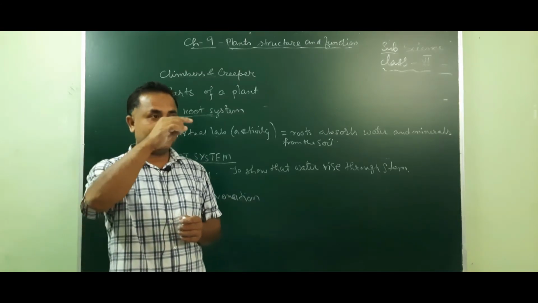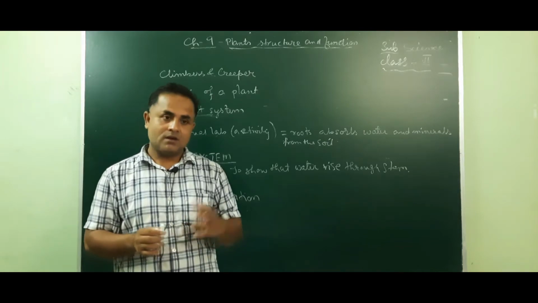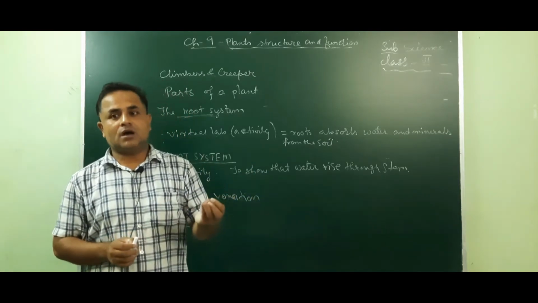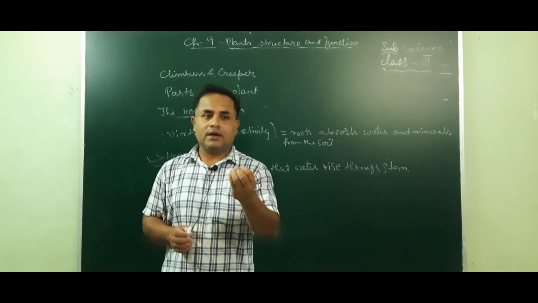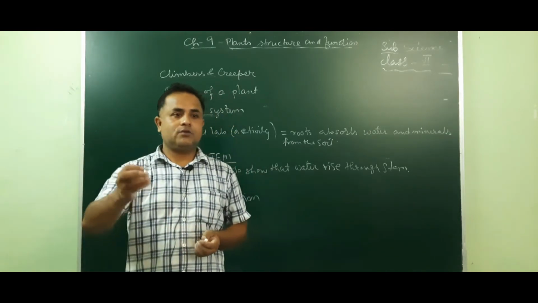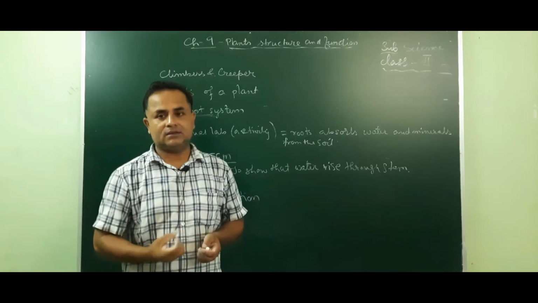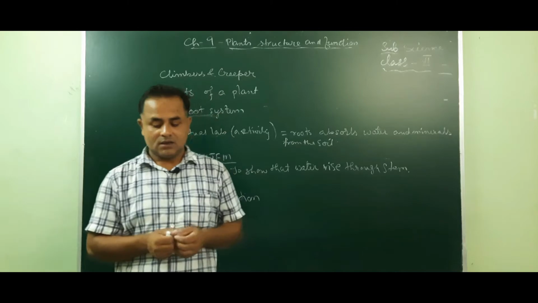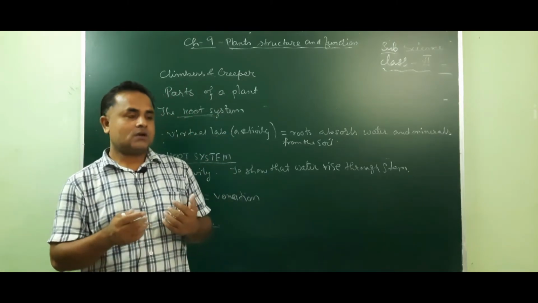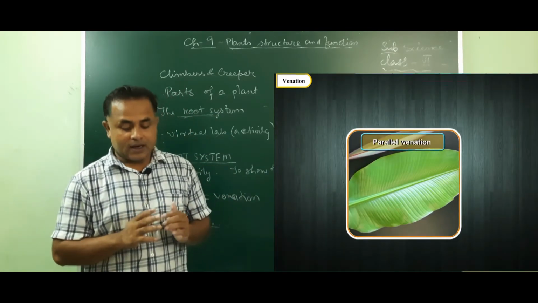We will find this in the leaves of mango, jackfruit, pea plant, grapes. All these are reticulate.